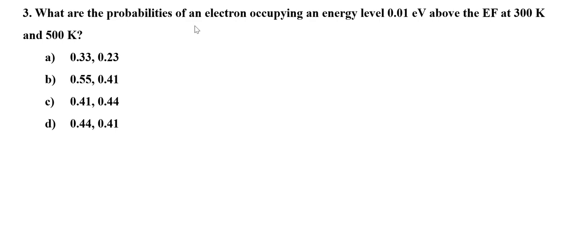There are equations which have the terms E minus E_F and E_F minus E. Using that equation, you'll have to find the probability of an electron occupying the given energy level, 0.01 electron volt above the Fermi level at 300 Kelvin and 500 Kelvin. You'll get two values, and in order, that is the option according to the question that you have to answer.